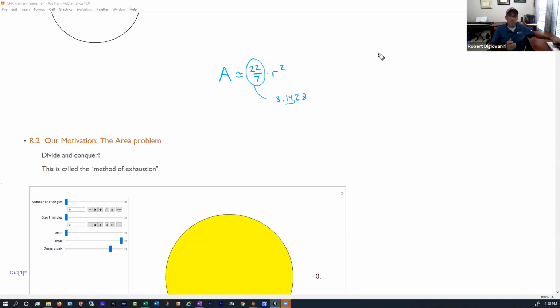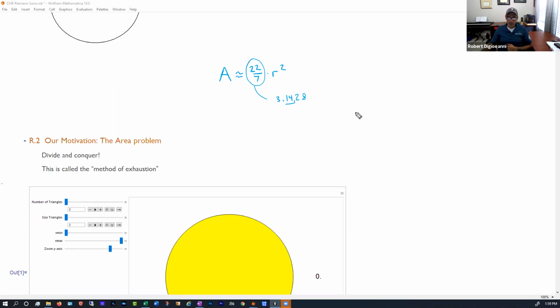That's pretty good for just having rulers and straight edges and doing your best, right? But the idea is that if we could do the problem in a way that when we do those rectangles, we do an infinite number of them, then we would be able to get the exact area.